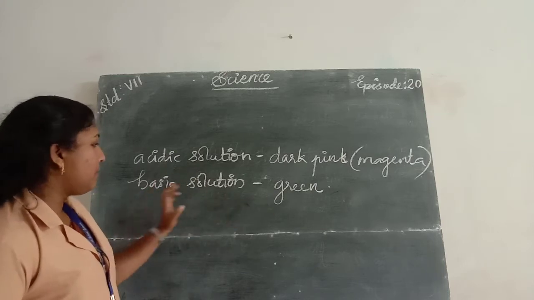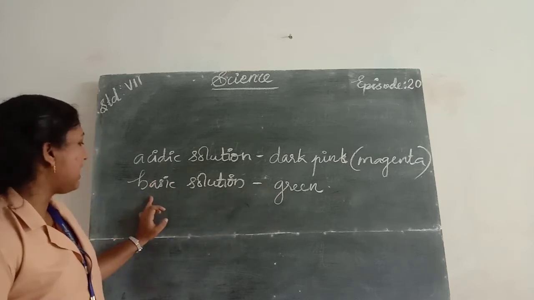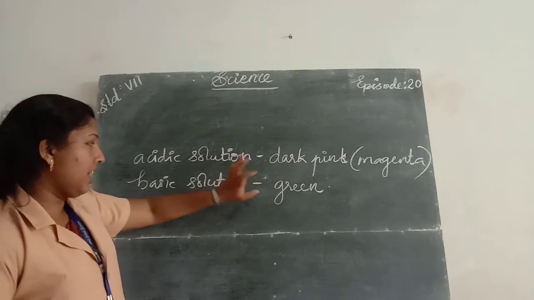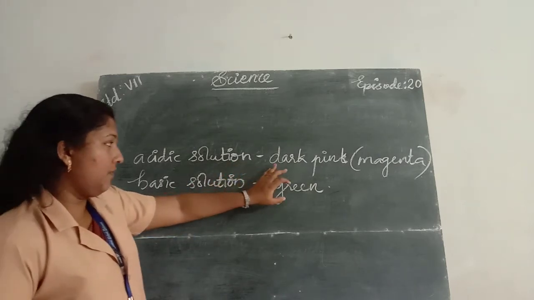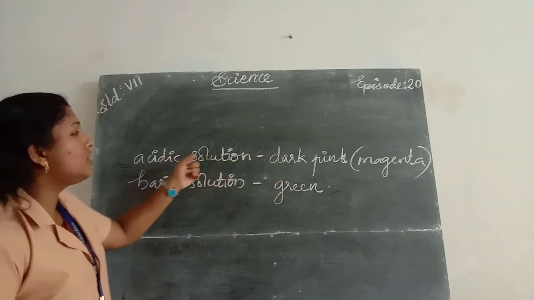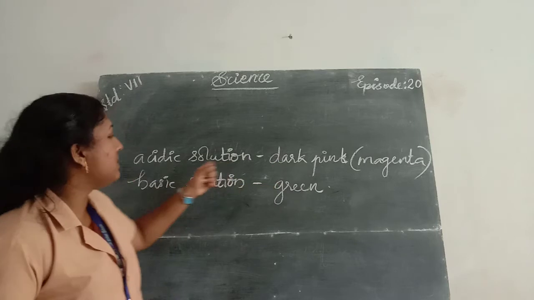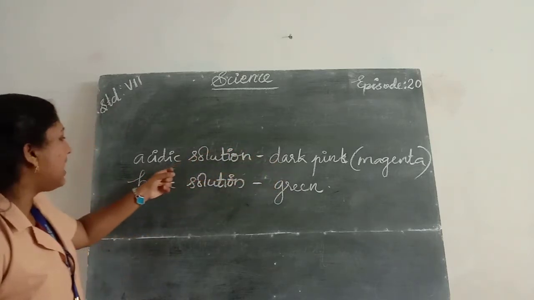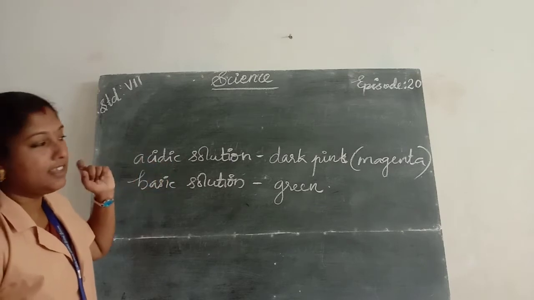So on the basis of the color change, if the solution changes into green we can say it is a basic solution, and if it changes into dark pink or magenta, we can say the solution is acidic.